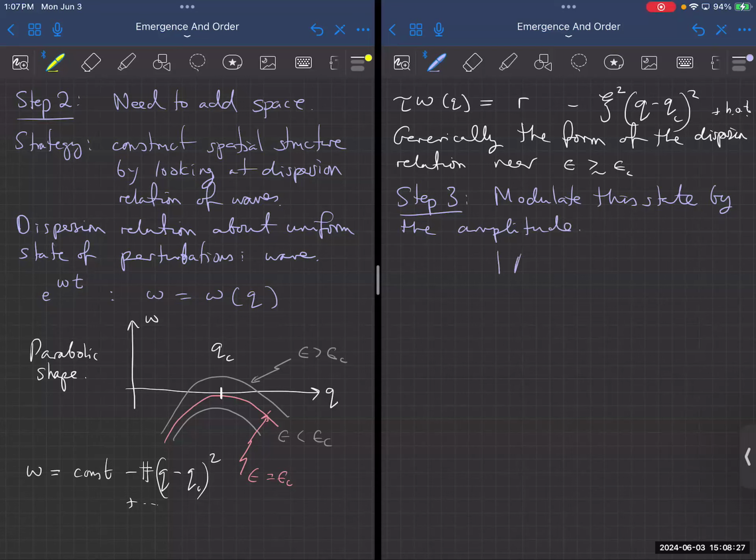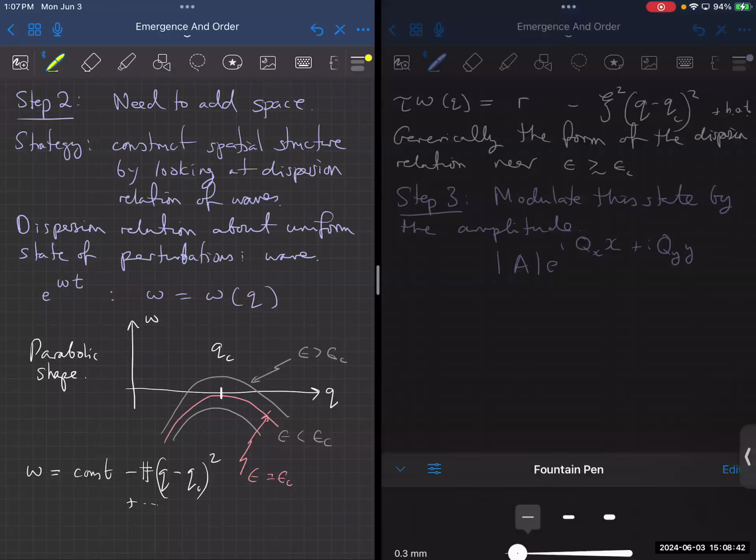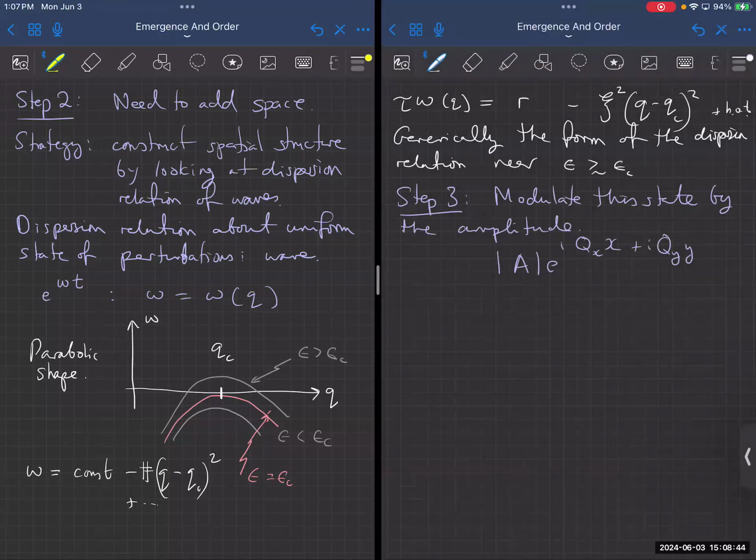I'm going to write it like A times e to the i qx x plus i qy y. Let's be crystal clear what I mean by this. Q was initially the vector qc and 0. We're talking about these waves going along in the x direction, so we have a wave number qc and nothing in the y direction.